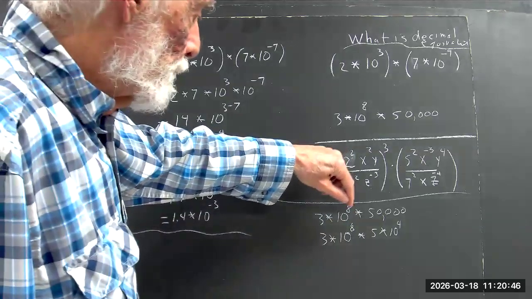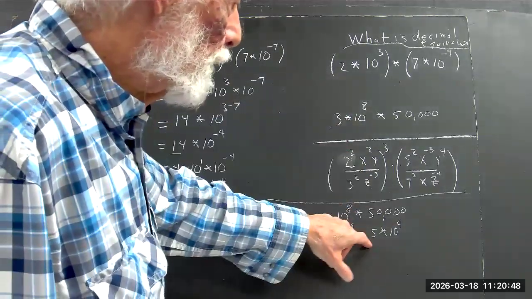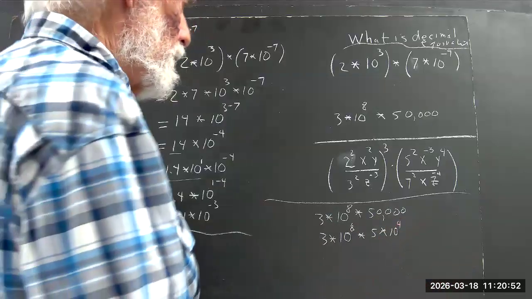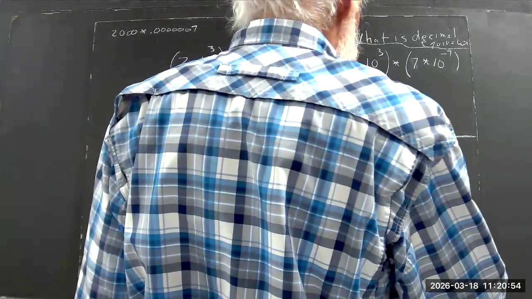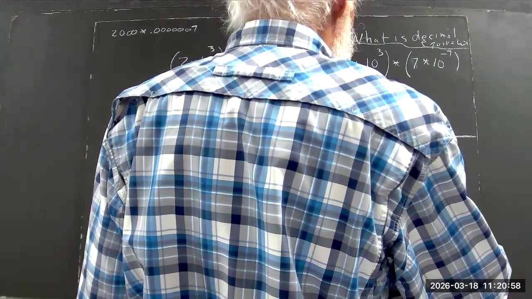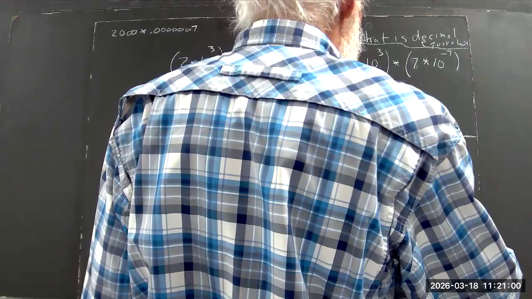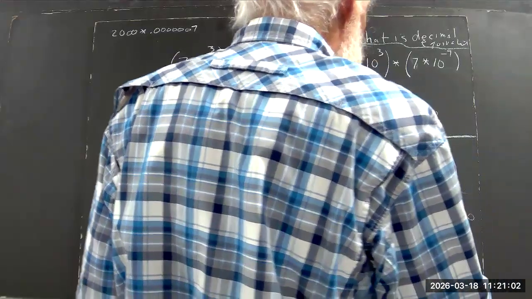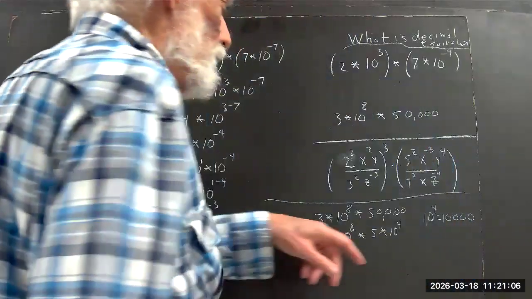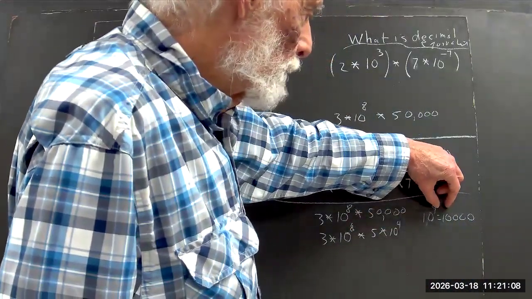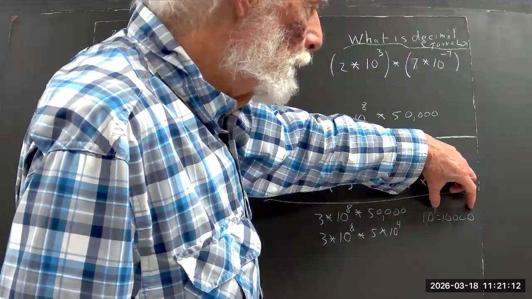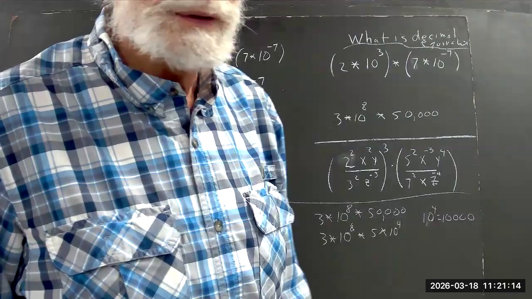Okay. So again, 50,000 is 5 times 10 to the 4th. It doesn't hurt to check that out. What's 10 to the 4th? You got 10, multiply by another 10 gives you 0, multiply by another 10 gives you another 0, multiply by another 10 gives you another 0.